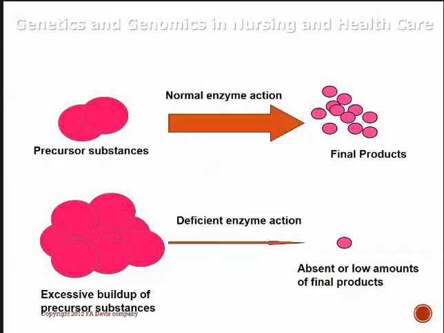Here are your precursor substances, normal enzyme action, and your final products. But if you have a buildup of these, your enzyme can't have that biochemical reaction and produce the product that it's supposed to. So I think this is a really nice diagram to organize it in my head and keep it straight.